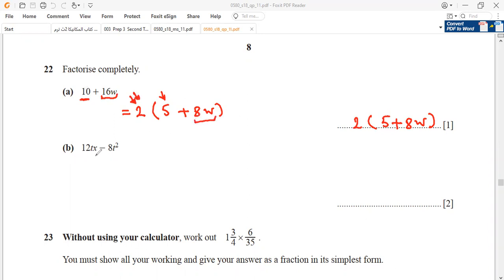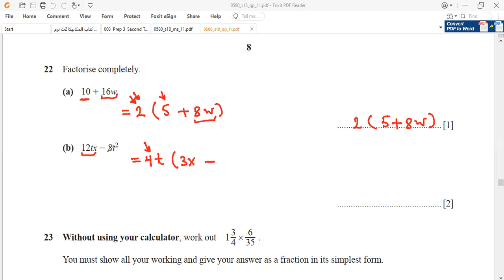In part B, 12tx minus 8t squared. The common factor between 12 and 8 is 4. So we can take 4. For tx and t to the power 2, we will take only t and open the bracket. Divide this term by 4t. 12 divided by 4 is 3. tx divided by t is x.